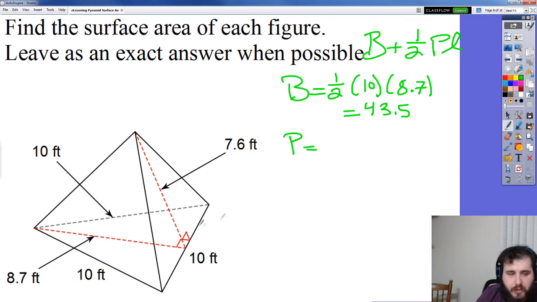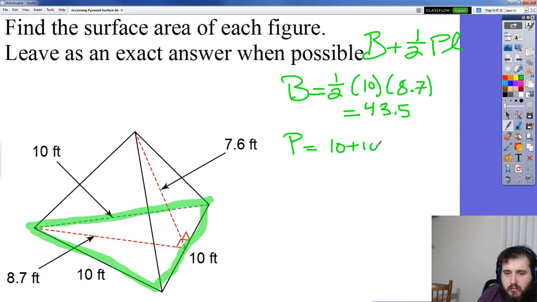Perimeter, we just add around the base. And again, you'll notice they give you everything you need. They tell you this is 10, this is 10, this is 10. So you know perimeter is just 10 plus 10 plus 10 is 30. The slant height, again, they give it to you, is 7.6.